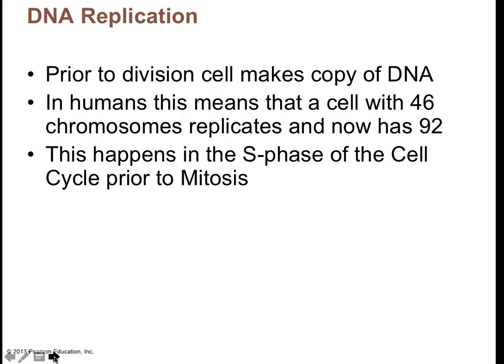So obviously if you're going to divide in a few short hours, you're going to want to make two copies. One copy is going to go in one cell, the other copy in the other cell. And this is the process of DNA replication. So remember that in that S phase, you double the number, 46 to 92, and then in mitosis, you're going to make two cells. One cell is going to receive one set of 46, the other cell the other set of 46.